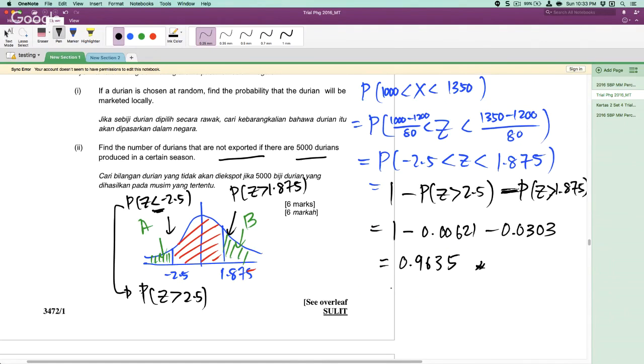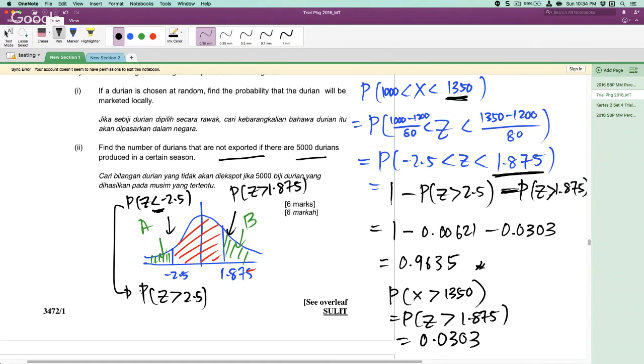So for the exported one, just now I said the mass needs to be bigger than 1350. We have the 1350 here. At the end we're going to get this one. So my Z value should be bigger than 1.875. And we just found 1.875, which is 0.0303. Now this one is exported, but the question actually wants not exported.